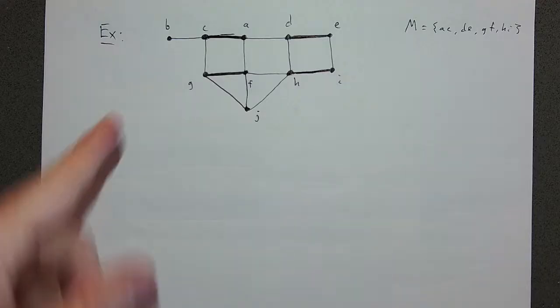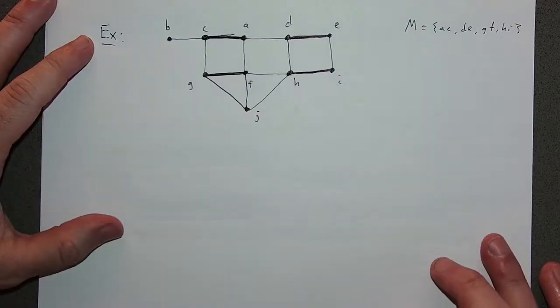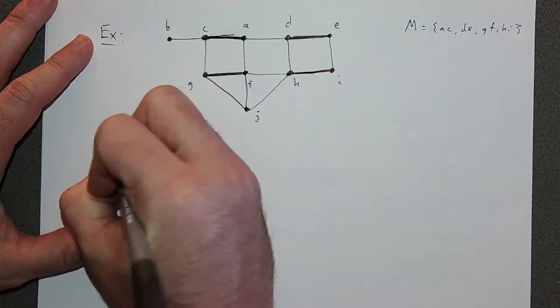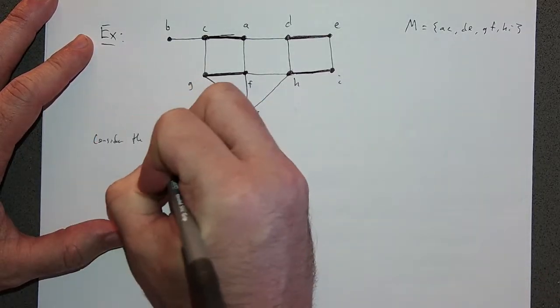What is an example of an M alternating path?